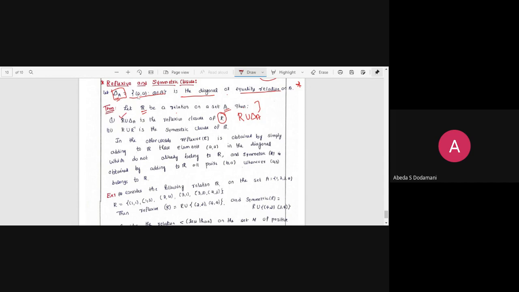If I include these reflexive elements, for example (2, 2), (1, 1), (3, 3), all elements, then definitely that relation will become reflexive. Hence R union delta A will become the reflexive closure.